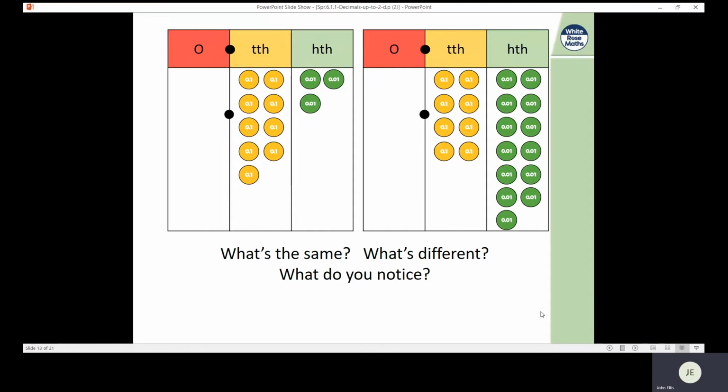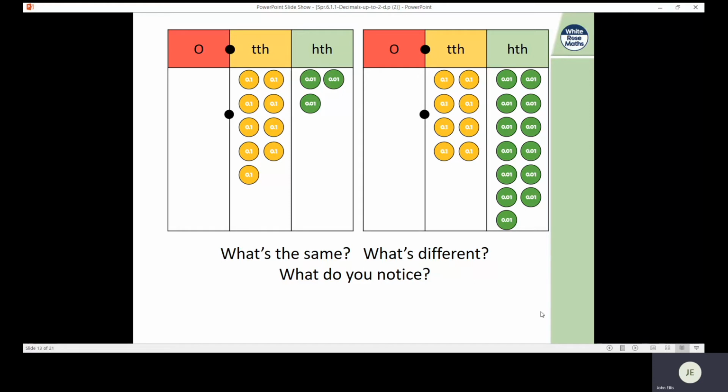Now, if we add these together, let's add up all the tenths. I've got 1, 2, 3, 4, 5, 6, 7, 8, 9. So I've got 0.9, 0.03. If I add that together, I'm going to get 0.93. On the other side, I've got how many tenths? 1, 2, 3, 4, 5, 6, 7, 8. I've got 8 tenths, 0.8.